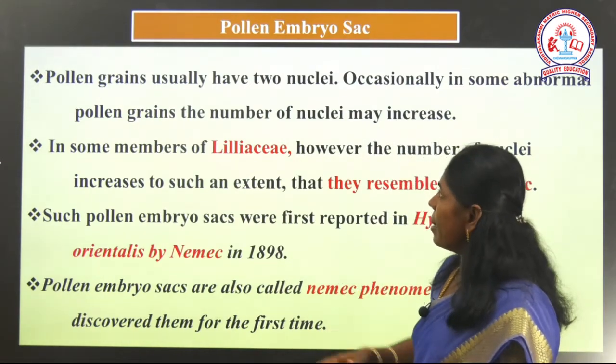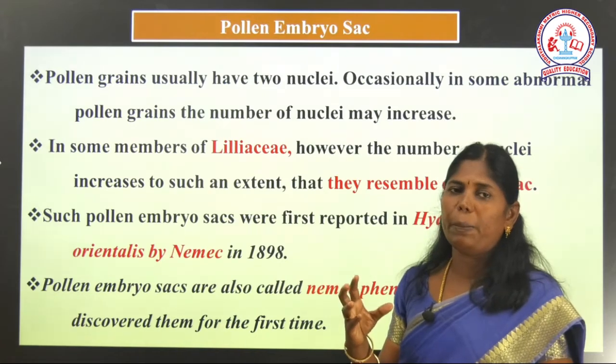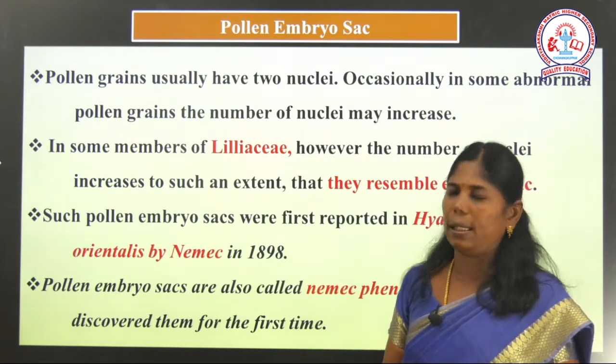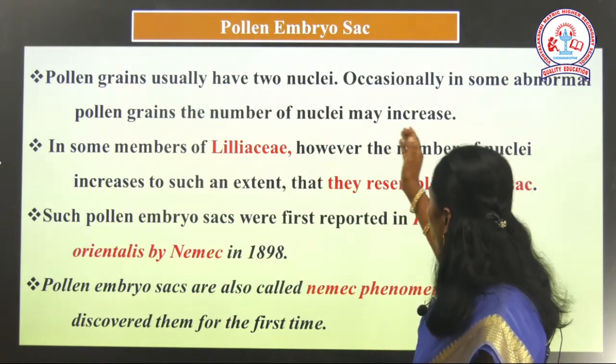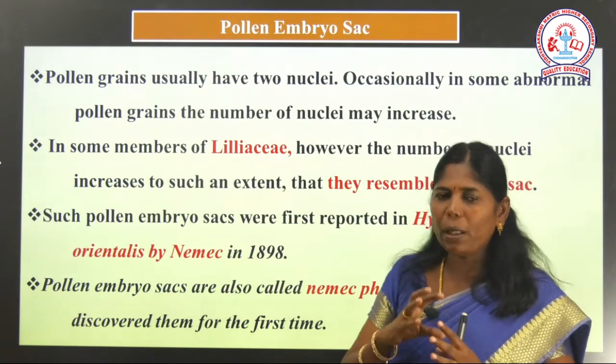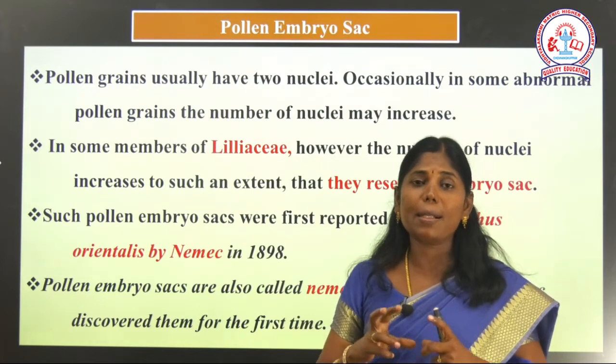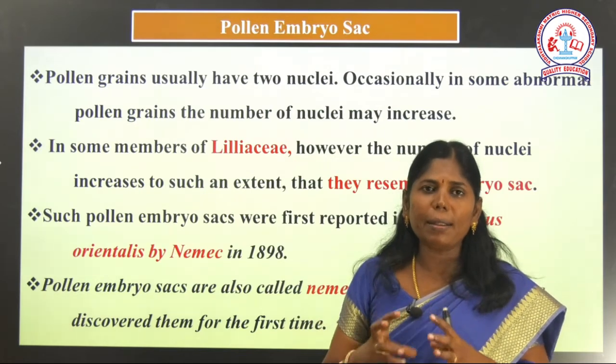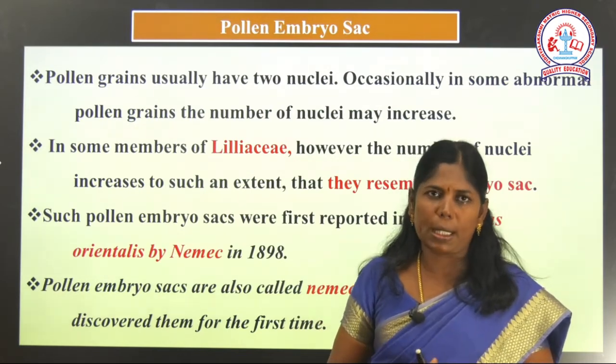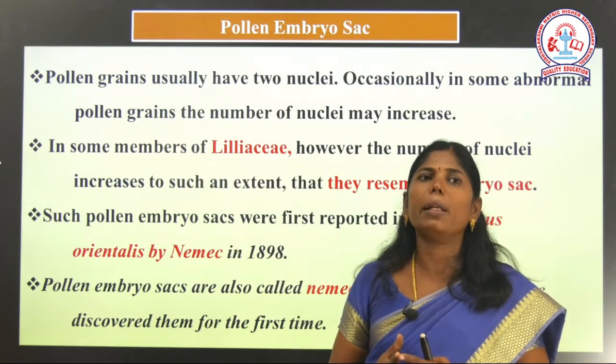But here the number of nuclei may increase. Just as the embryo sac has an 8 cell stage, when many nuclei are added it looks like the embryo sac. So only then we call this a pollen embryo sac.